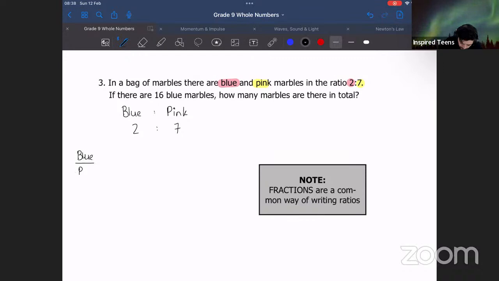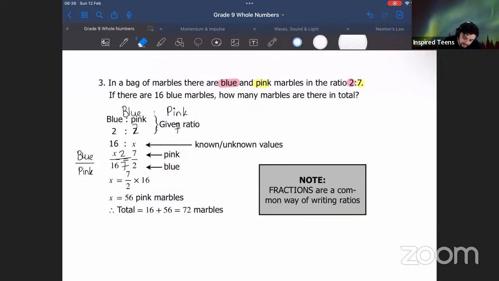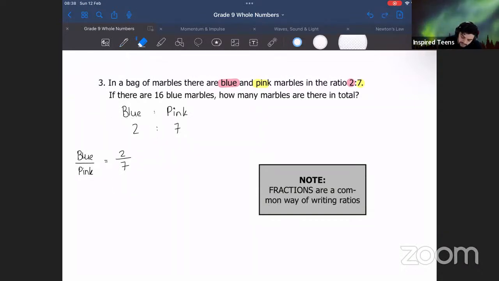So blue over pink is going to be equal to 2/7. Now, remember, 2/7 is the simplified ratio, just written as a fraction.